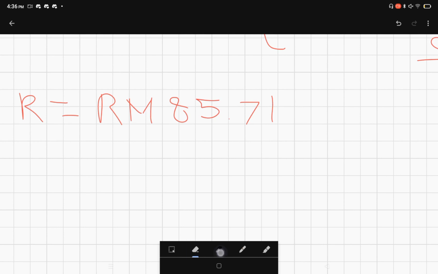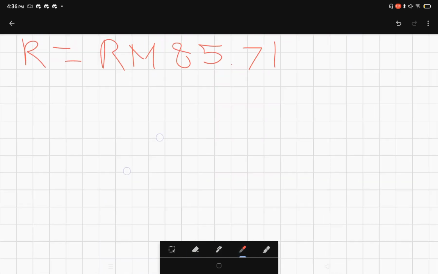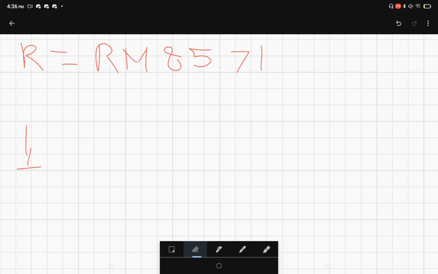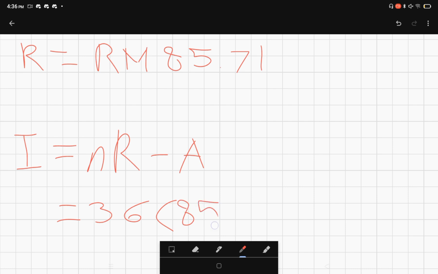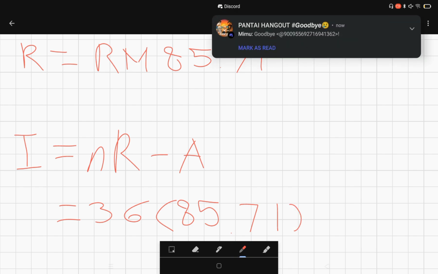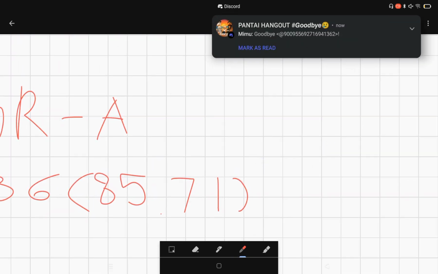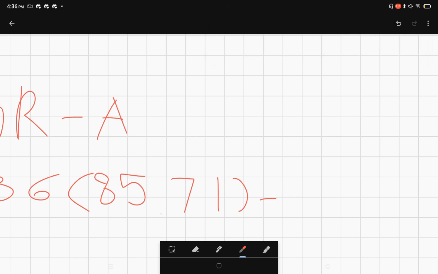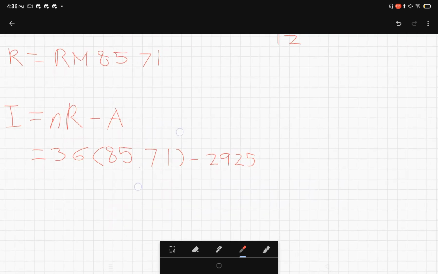In order to find out how the total interest charge is, we need to use the formula I equal to nR minus A, where n is 36 and R is 85.71, minus the cost of the laptop after the down payment has been made, which is 2,925.